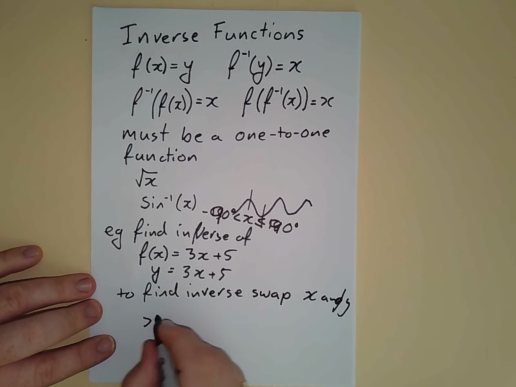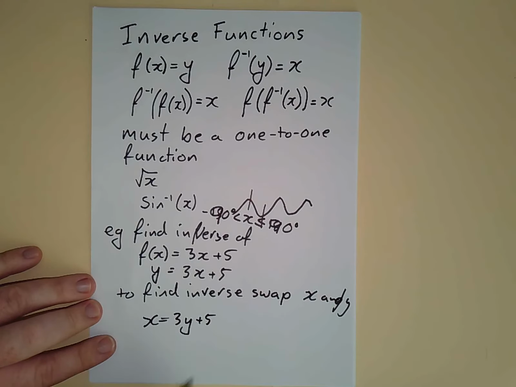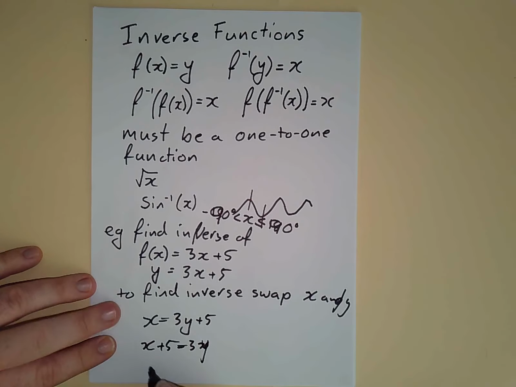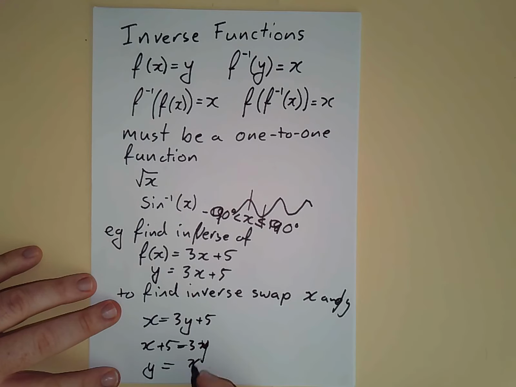So I end up with x equals 3y plus 5. And then I'm just going to rearrange that to make y the subject. So minusing 5 off both sides, I get x plus 5 equals 3y. Dividing by 3, you get y equals x plus 5 over 3.